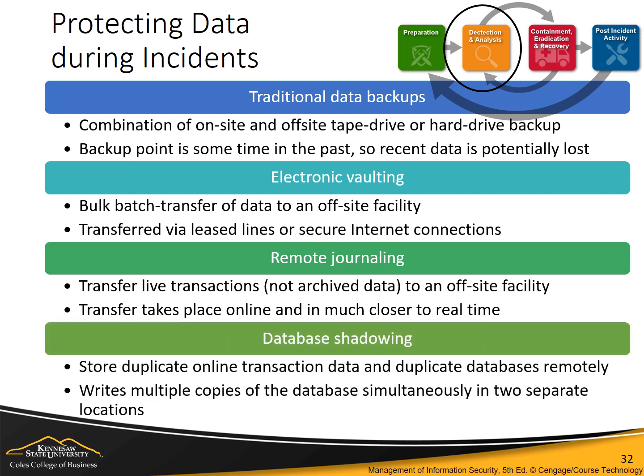Finally, database shadowing. Storing duplicate online transaction data along with duplicate databases at the remote site on a redundant server. This option writes multiple copies of the data simultaneously in 2 separate locations. This is the best type of recovery to have and the most expensive.